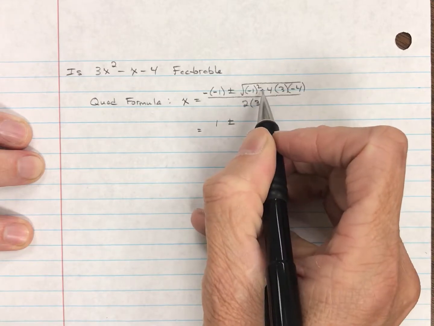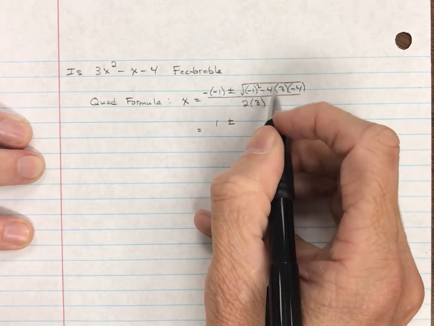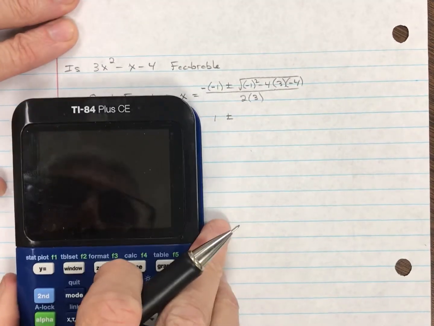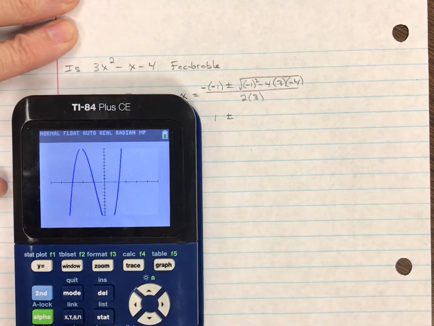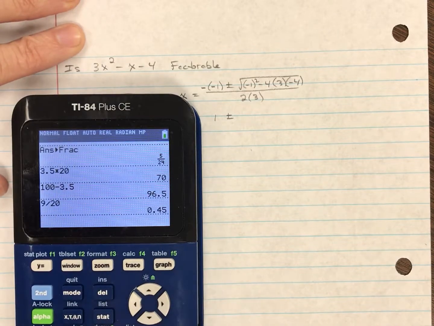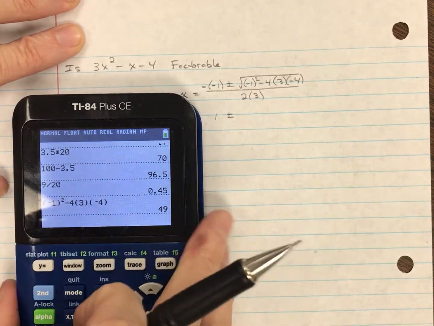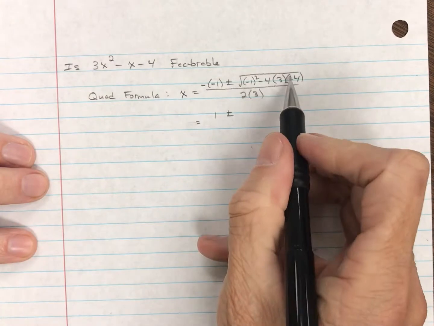What is that discriminant? What is negative 1 squared minus 4 times 3 times negative 4? 49. So this is the square root of 49.